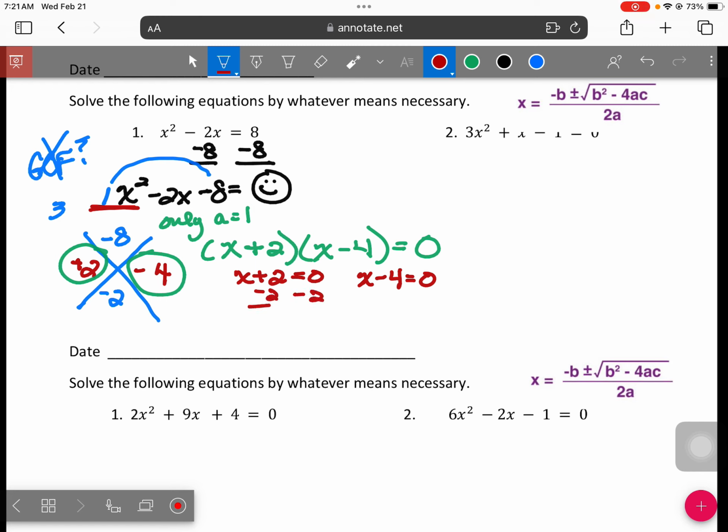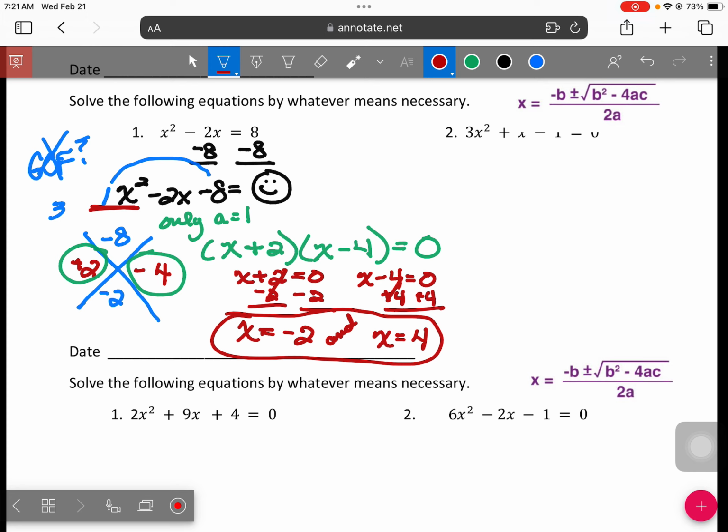Subtract 2, subtract 2. So x is equal to negative 2. That is one of my roots. And add 4. X is equal to 4. Those are my 2 roots for that problem.